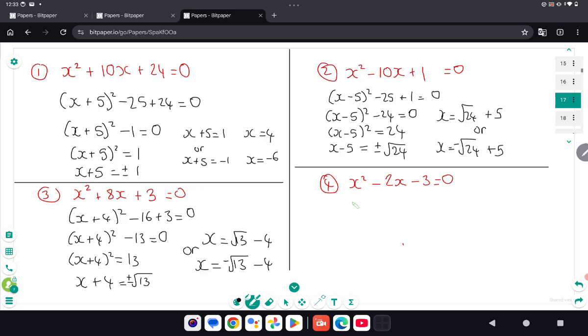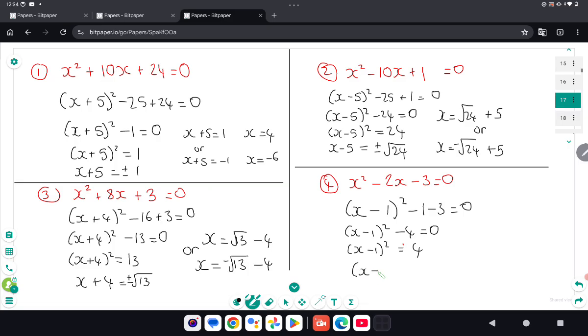And question 4. Let's halve the 2. I forgot to take off my 1. Minus 1 times minus 1 is positive 1, so we need to get rid of it. Take it off. We've created it. We don't want it. Simplify. Add 4 to both sides.